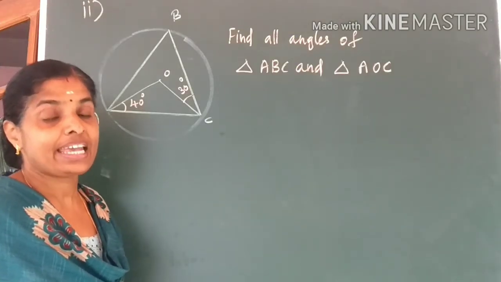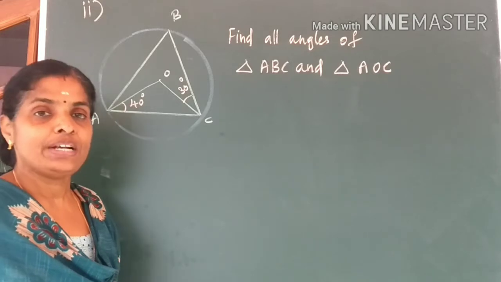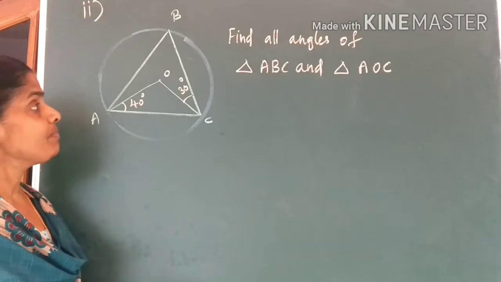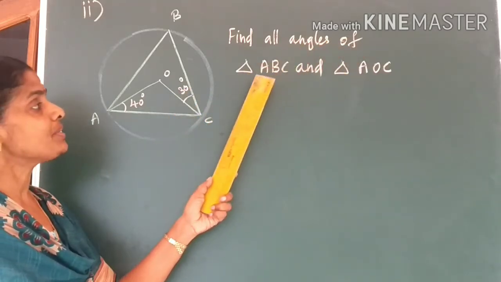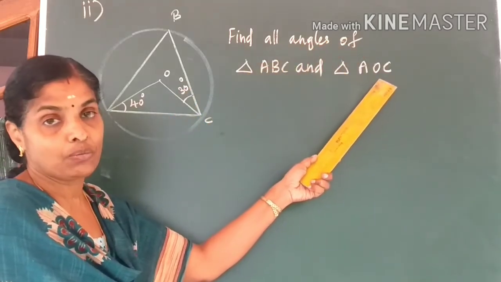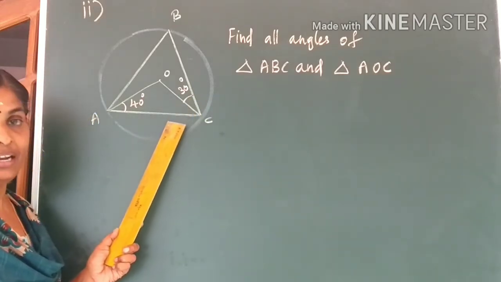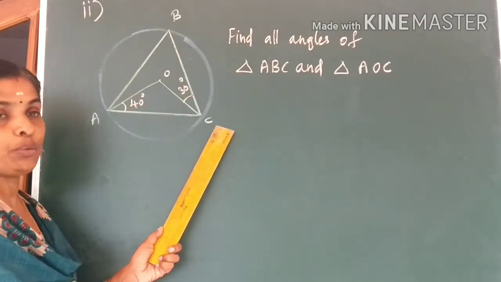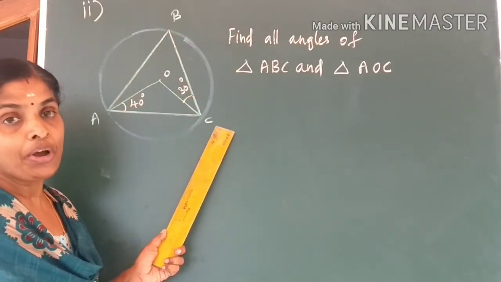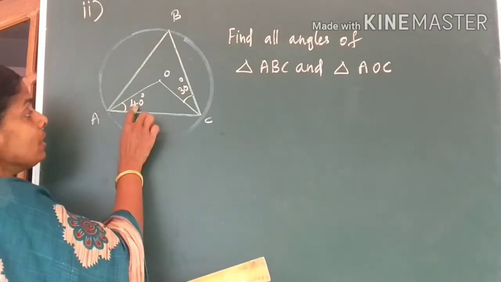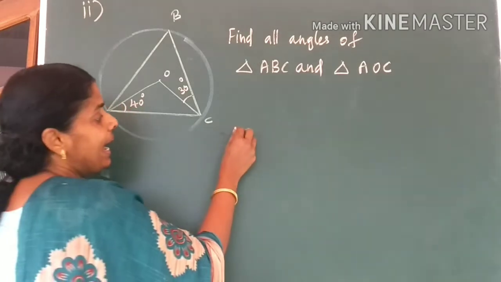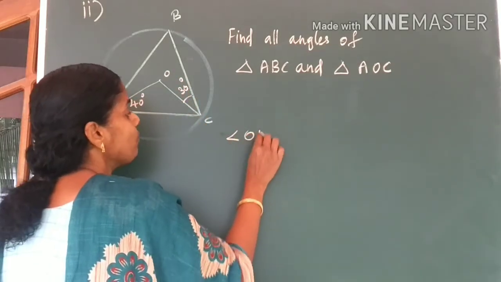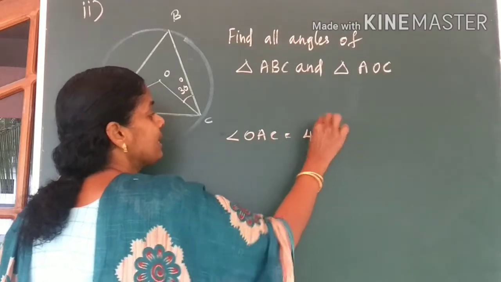Come to the second problem in the exercise. First one we have done previously. Question is, find all angles of triangle ABC and AOC. You are given a figure with O as center and A, B, C to be points on the circle. Also the angle given is 40 degree. That is angle OAC is given to be equal to 40 degree.